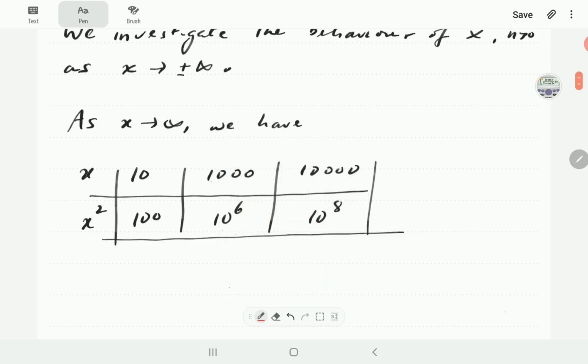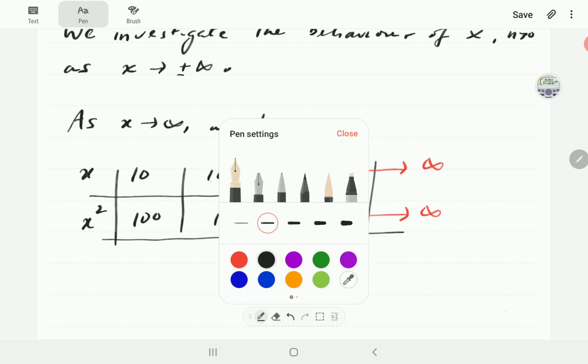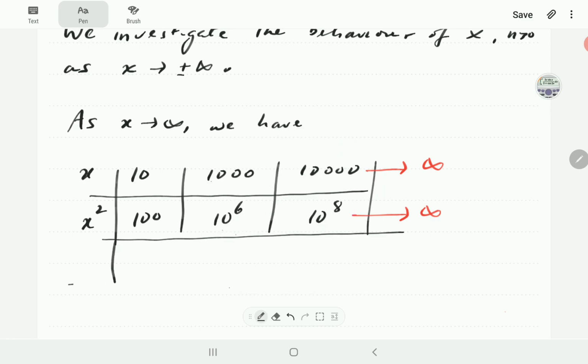The thing we notice straight away is that as x is becoming bigger and bigger and growing towards infinity, x squared is also going towards infinity. So x squared goes to infinity as x becomes bigger and bigger. Let's just do one other power here. Let's do x cubed. When x is 10, this is going to be 1,000.